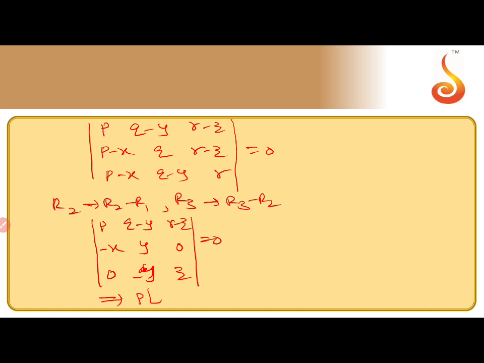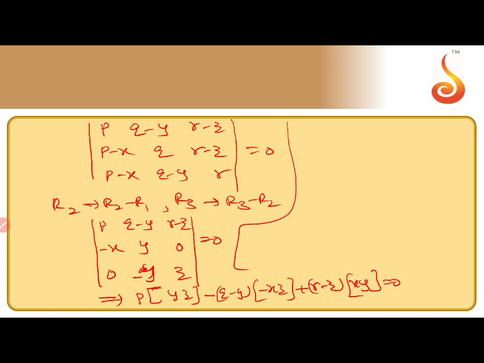So this gives p into yz, minus (q−y) into (−xz), plus (r−z) into xy, minus 0, equal to 0. Now multiply the entire thing: pyz plus qxz minus xyz, plus rxy minus xyz equal to 0.